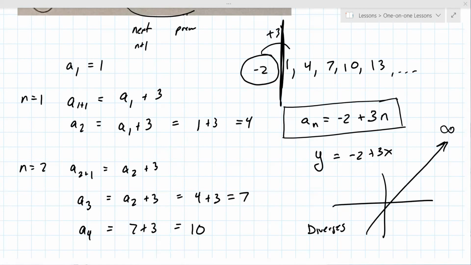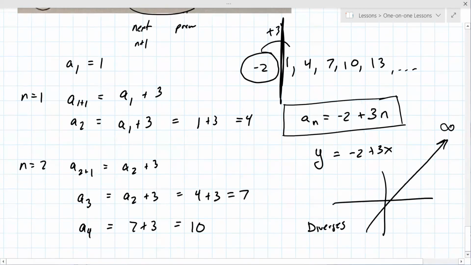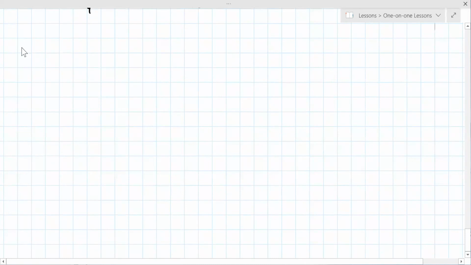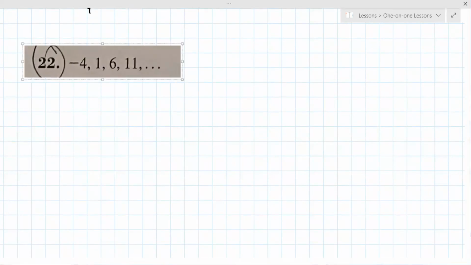Moving on to 22. All right, so 22 has a bunch of parts to it. I'm going to snip in each part, and then we'll do each part. Now it says that this is an arithmetic sequence.